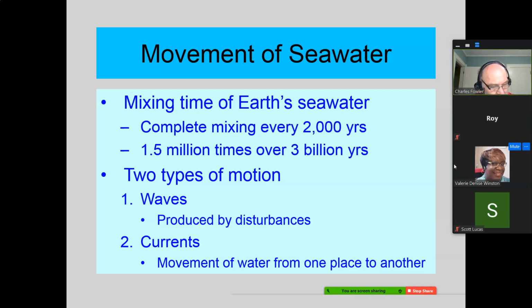Just a quick review: 24.1 was water on the Earth, and we looked at freshwater, surface water, and groundwater, and freshwater as a resource. 24.2 is seawater. That's where we are now. We looked at the oceans and the seas, the nature of seawater, and we're starting today on the movement of seawater.